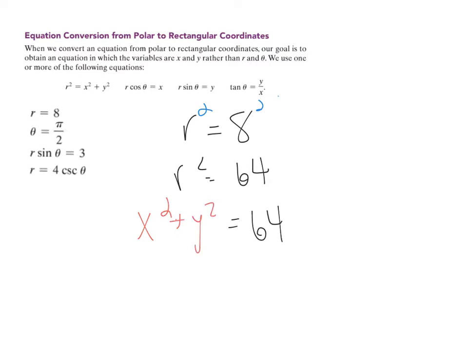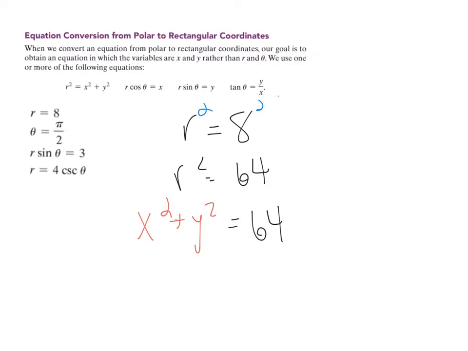And ultimately, it's kind of like the opposite, the backwards way, the reverse of that last example that I did for you, where we ended up taking the square root of both sides and we got r equals 3, right?